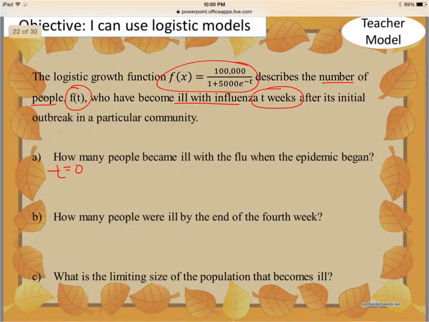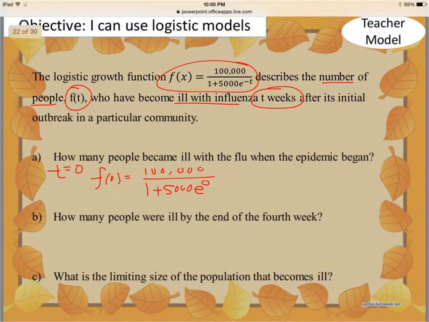So think about what would be our number if we plugged in 0 for t. F of 0 would equal, we've got 100,000 in the numerator, and then we have 1 plus 500 e to the negative t. Well, negative 0 is just 0.